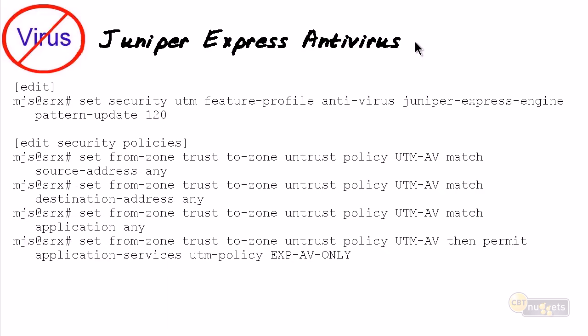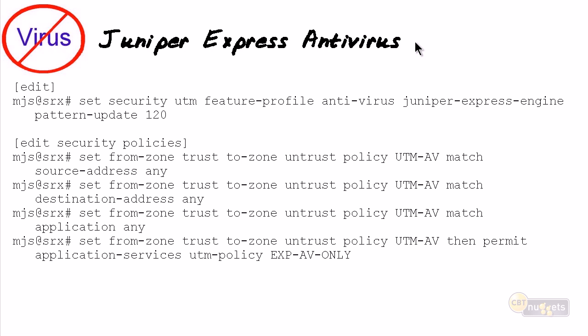Okay, with our Express antivirus configuration here, we're going to accomplish a couple of things. Now remember, in the branch environment, or the small office, remote office environment, we're going to move away from the Kaspersky antivirus engine or the Sophos engine, and we're going to offload some of these antivirus tasks to our endpoints, especially if you're in a branch office and you have quite a few endpoints, and the overhead on the SRX is just basically too much.